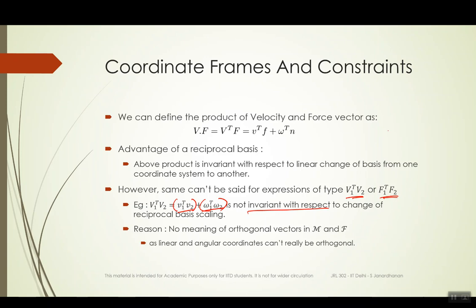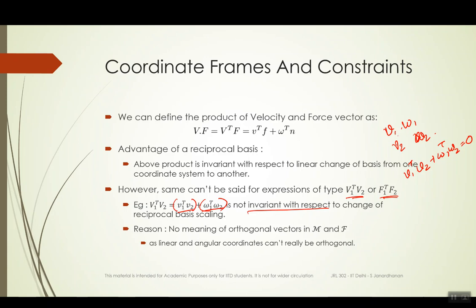So let us say you have v1 and omega 1, and v2 and omega 2 as basis vectors, and v1 transpose v2 plus omega 1 transpose omega 2 is 0.